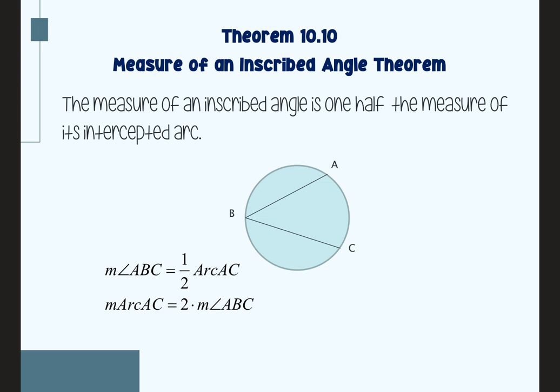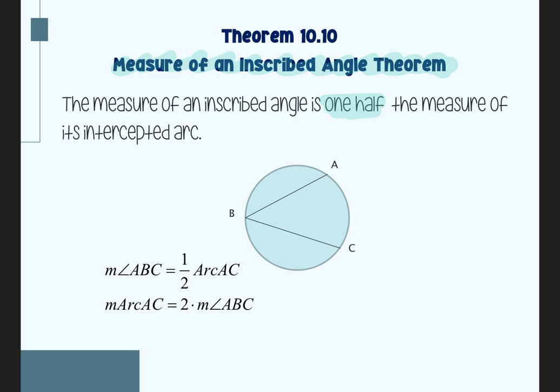So the 10th theorem in chapter 10 is called the measure of an inscribed angle theorem. And it just basically says the measure of the inscribed angle is 1/2 the measure of the intercepted arc. So while a central angle equals the same, the inscribed is 1/2. Think, it's further away, so it would be smaller.